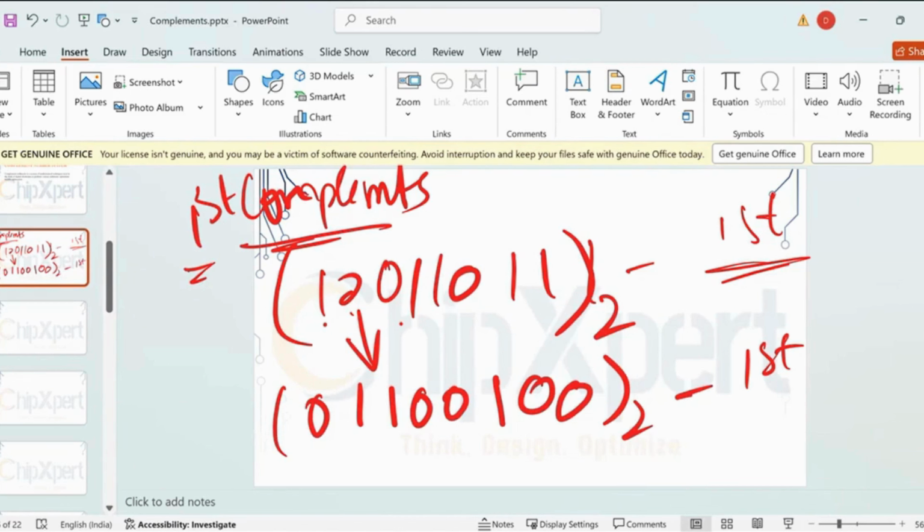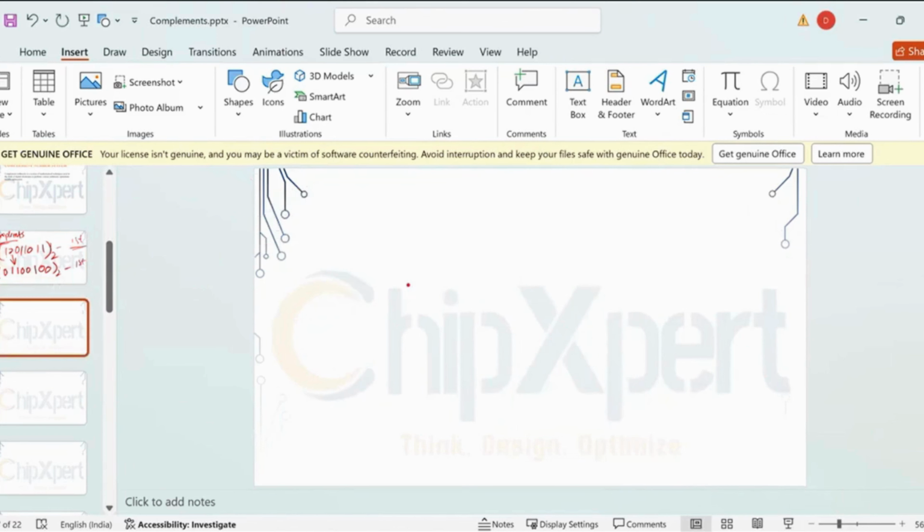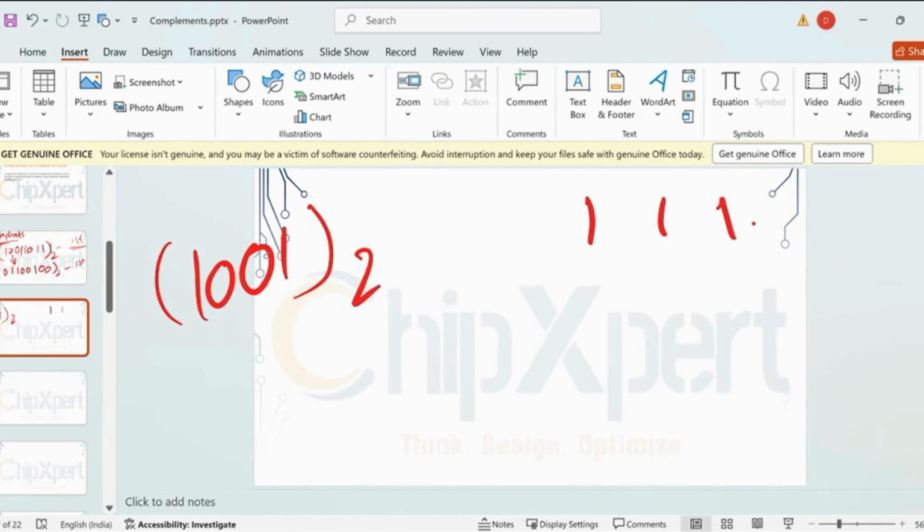So how are we going to say that? Not like that. Usually we subtract the given number from all ones. If you want to do ones complement, suppose my number is 1001. So this is my number, and I want to find its ones complement. I have 4 ones, and from these 4 ones I am going to subtract 1001.